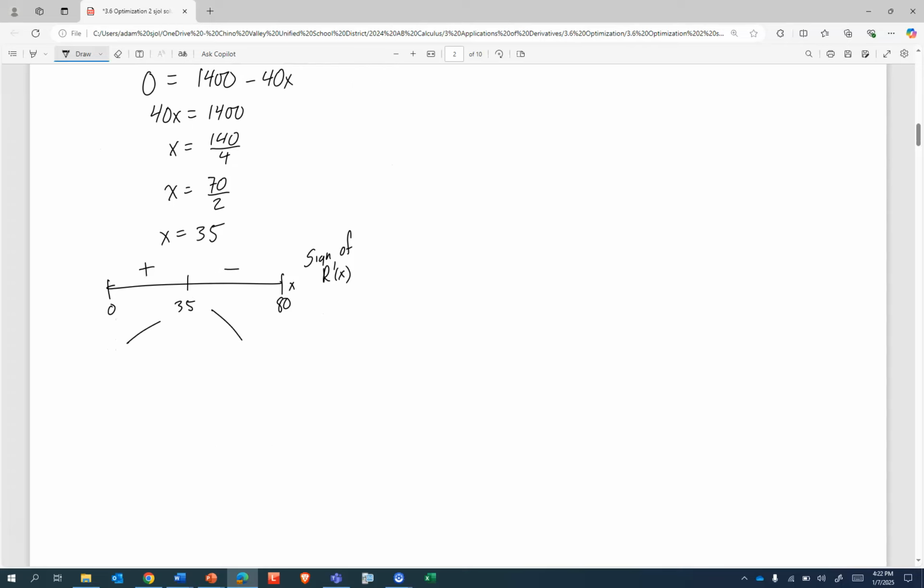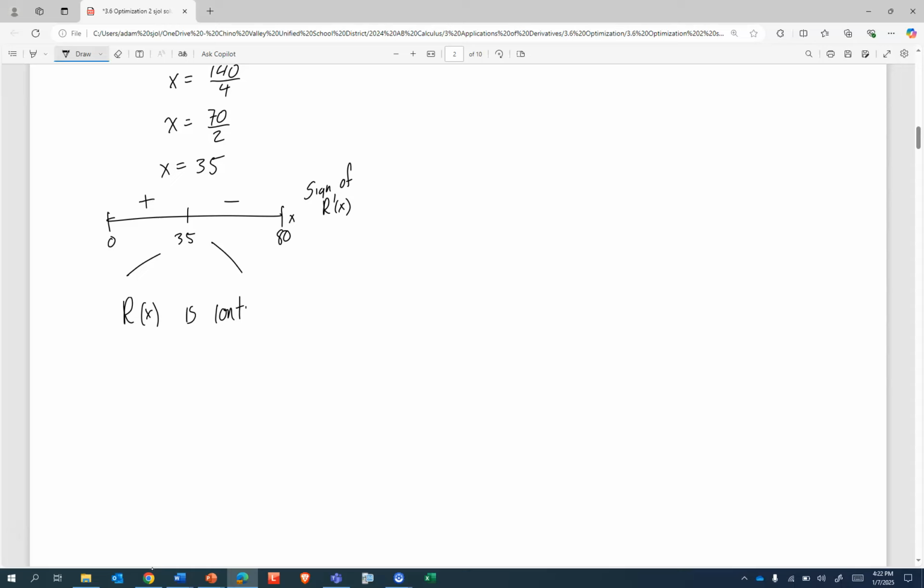I think we're good to go on justification. So r of x, the revenue function, is continuous on 0 to 80. R prime of x changes from positive to negative when x equals 35.